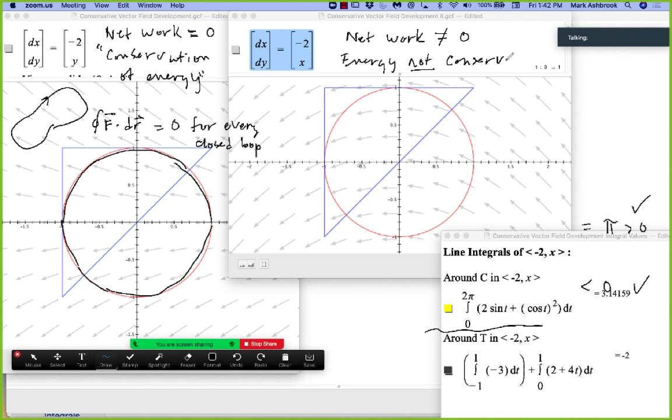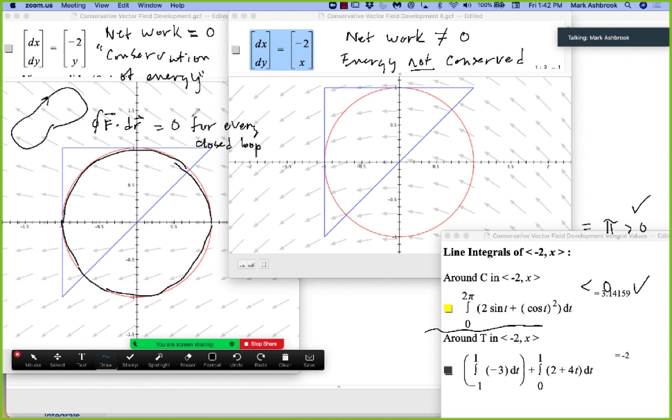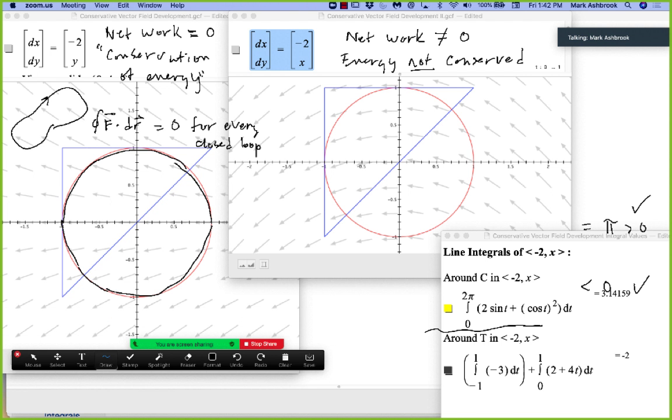Question, important question. So this is called a conservative vector field, because you have conservation of energy for every circulation integral. Every closed loop results in a net work of 0.